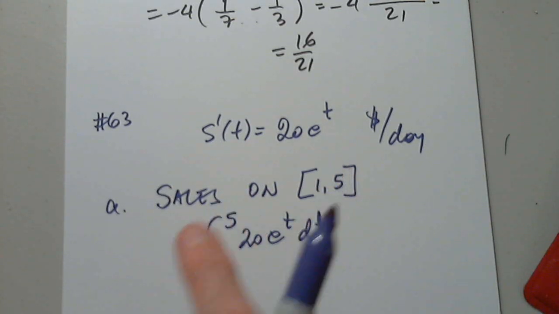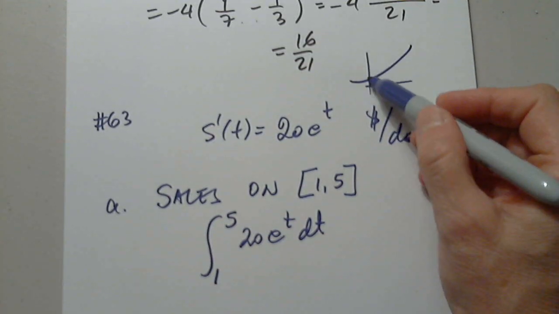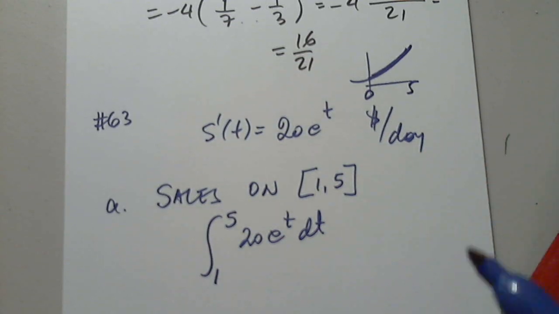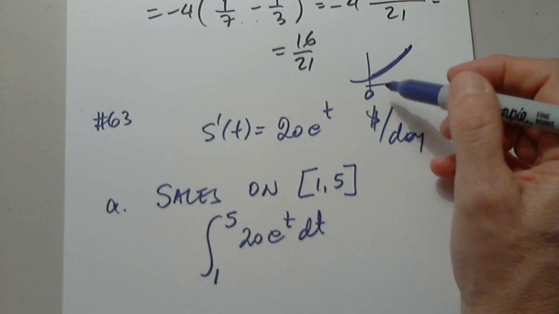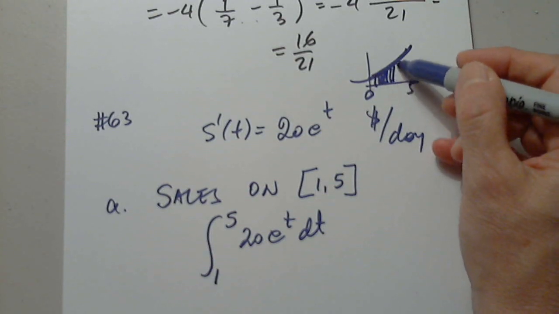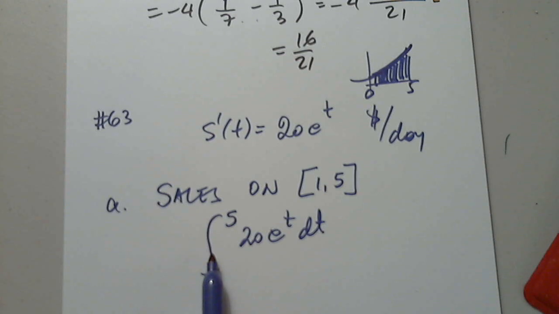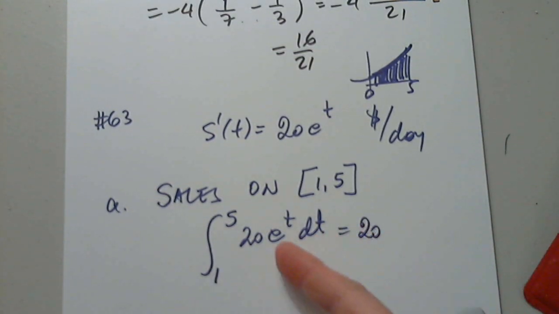So, as we explained last time, if this is the function between 1 and 5, then the area under the graph will give us the total sales. So we have 20. What function prime is e to t?